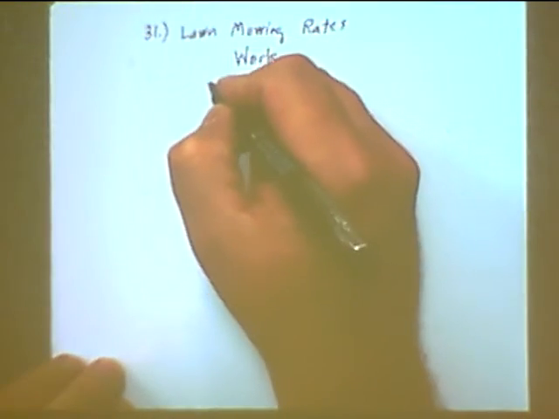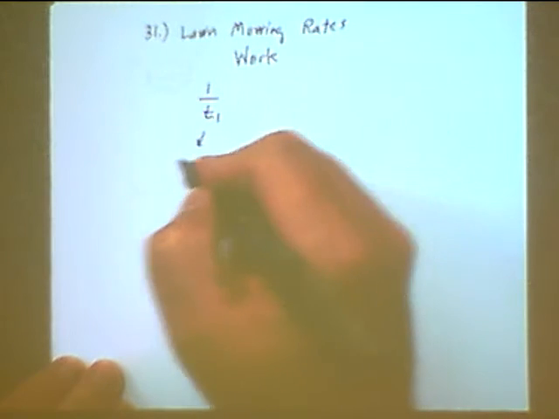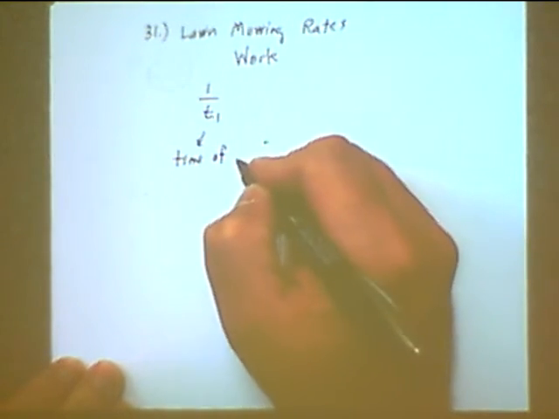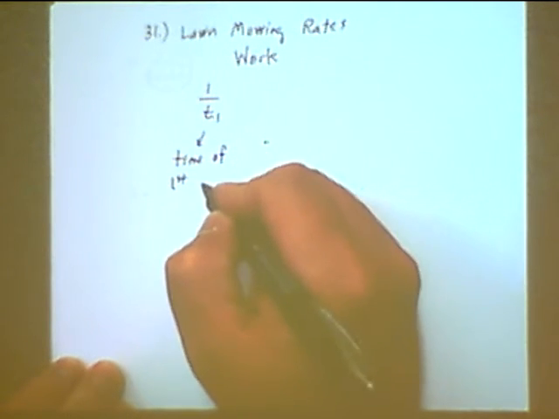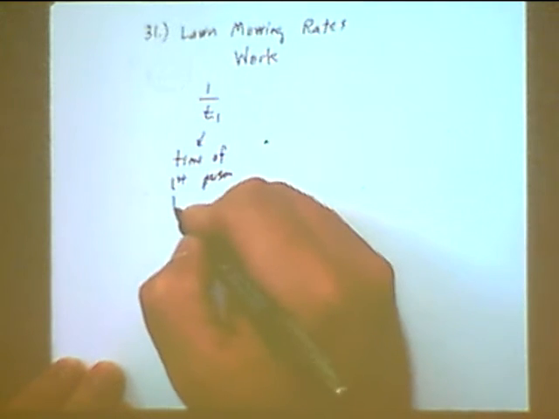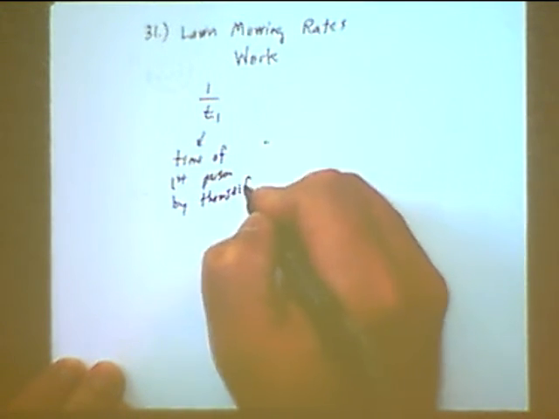You have one over T1, where T1 is the time of the first person to do the job by themselves.